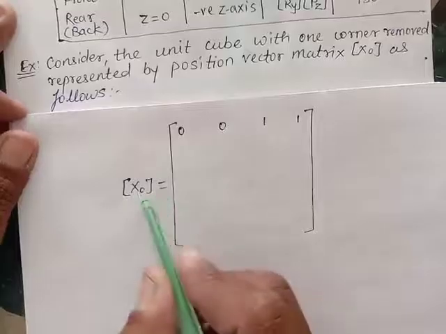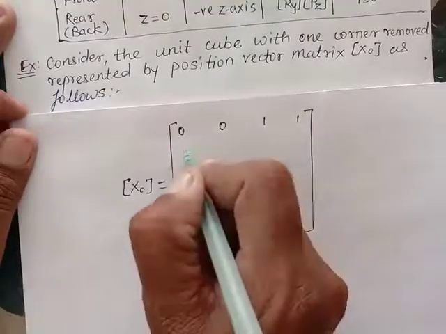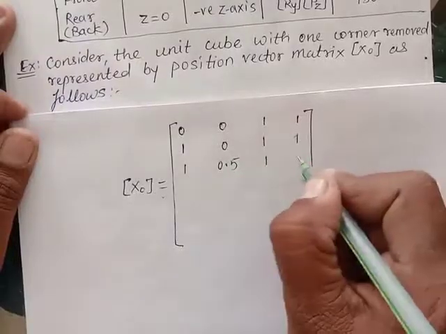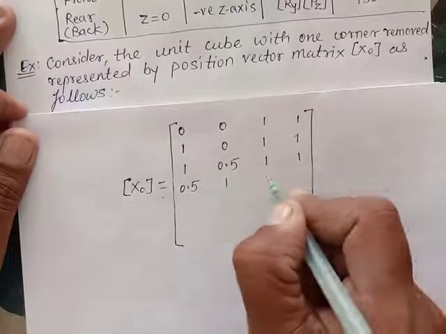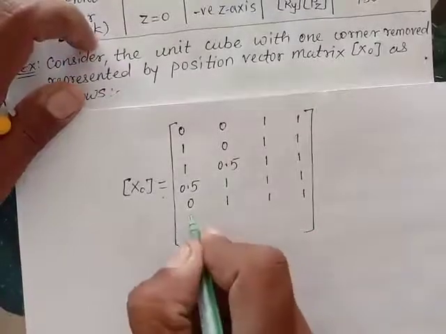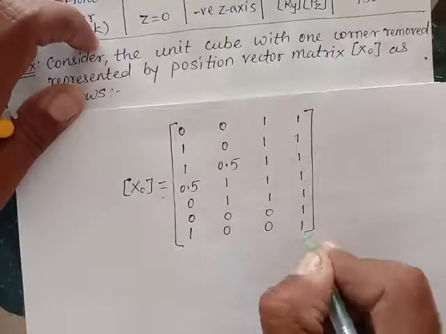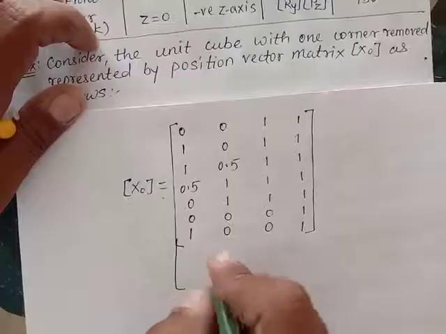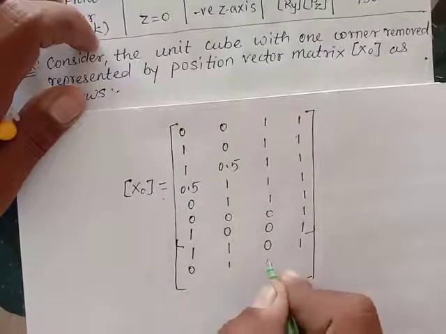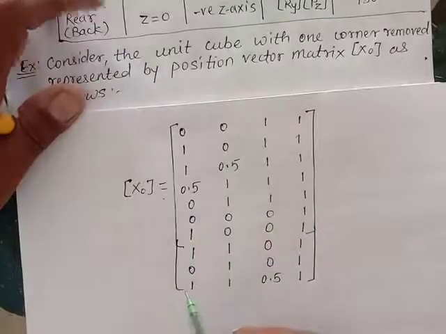The position vector matrix of that unit cube with one corner removed is X naught, having a first row 0 0 0 1, 1 0 1 1, 1 0.5 1 1, 0.5 1 1 1, 0 1 1 1, then 0 0 0 1, 1 0 0 1, then 1 1 0 1, 0 1 0 1, 1 1 0.5 1. This is our unit cube with one corner removed.